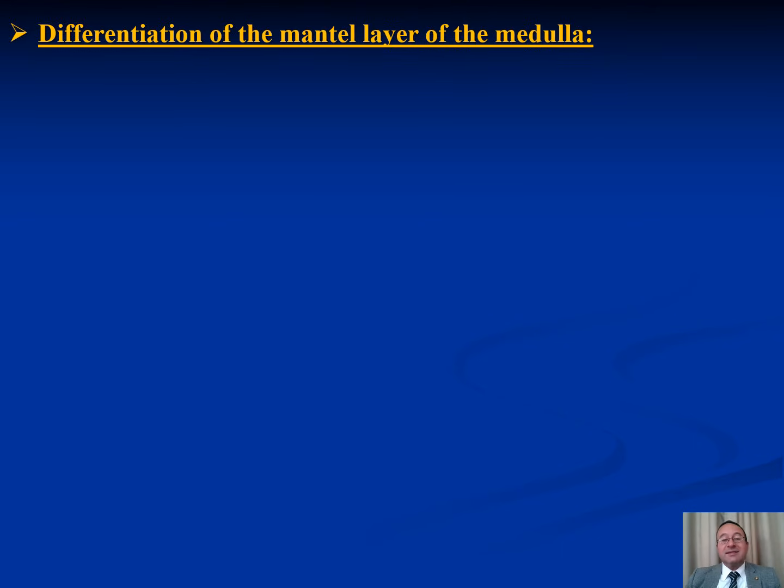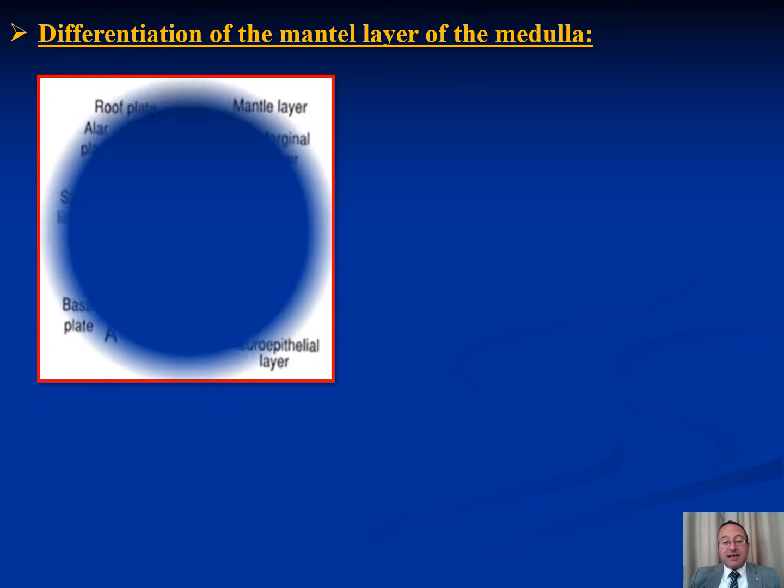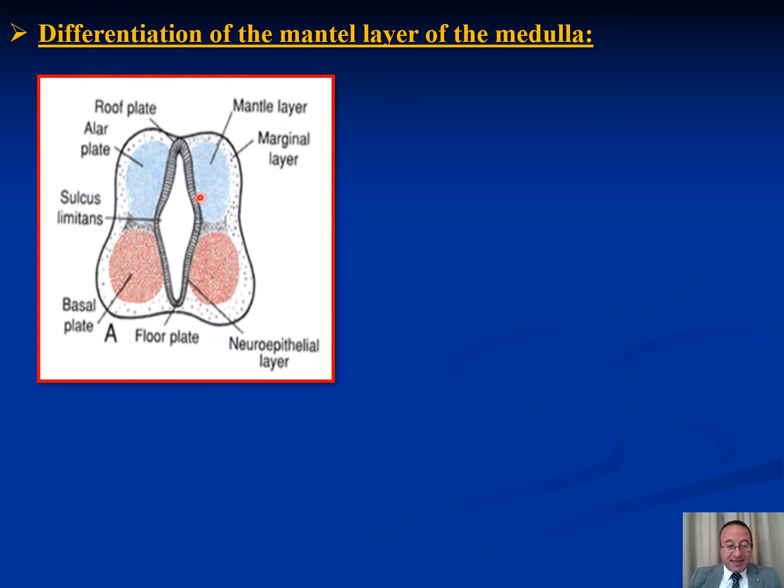Do you remember the three layers present in the neural tube? The inner one, which was the ependymal layer, the intermediate one, which is called the mantle cell layer, and the outer one, which is the marginal cell layer. Now I'll talk about the mantle cell layer, which is the middle one.